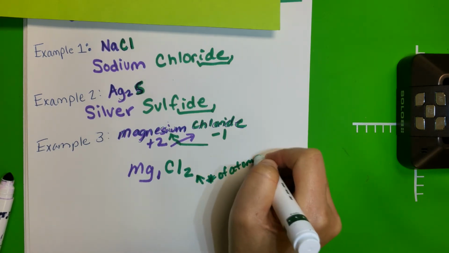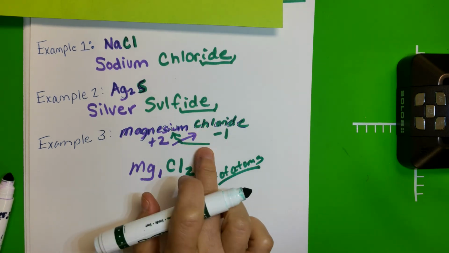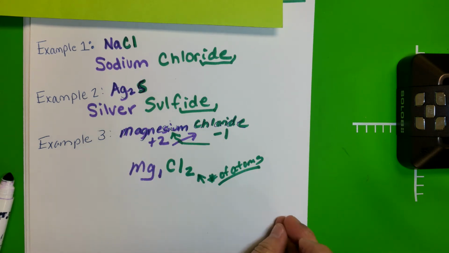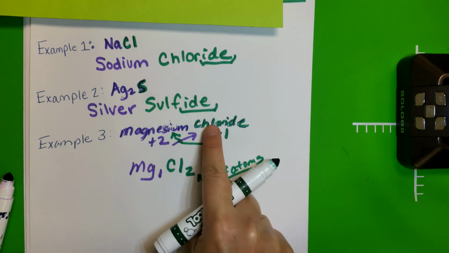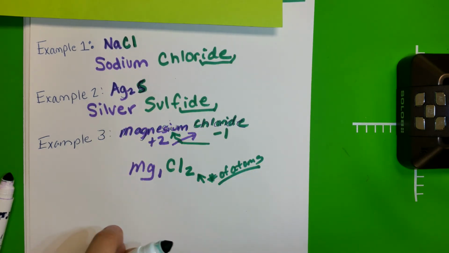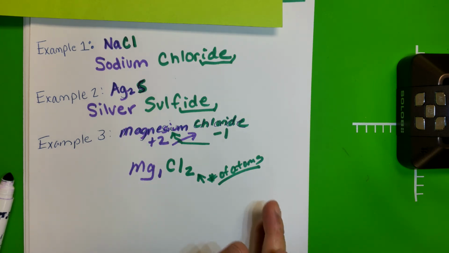Believe it or not, the charges do cancel each other out once you crisscross them, and that's the only reason in the end that they bond. You need 2 chlorines to bond with 1 magnesium to complete the octet rule when you are bonding them together.